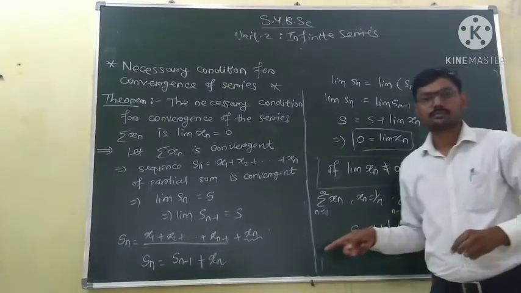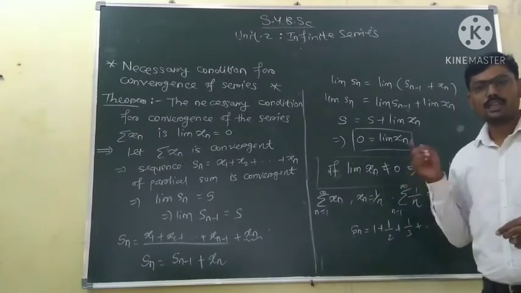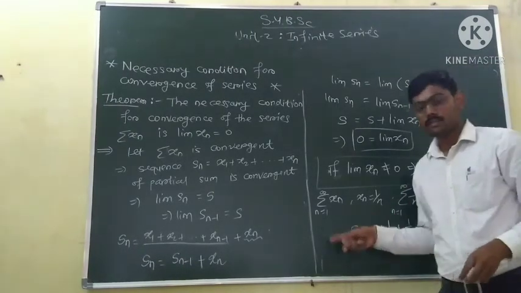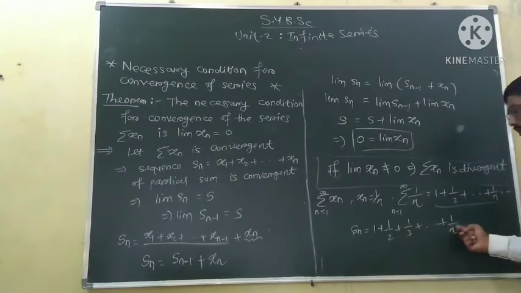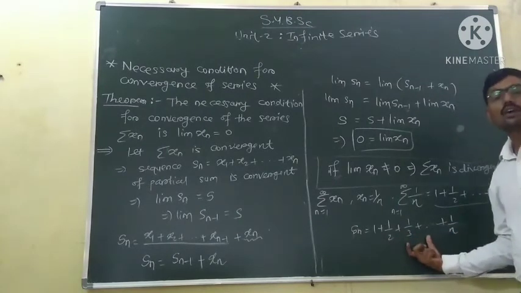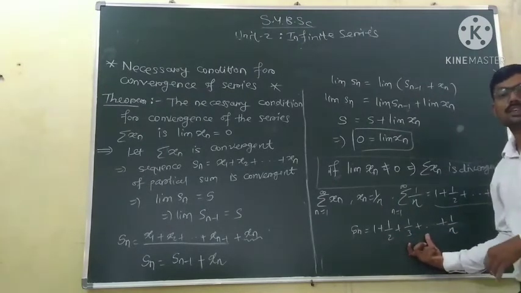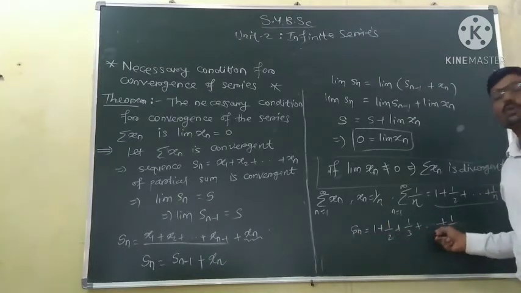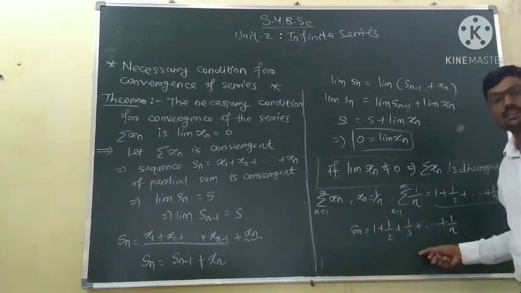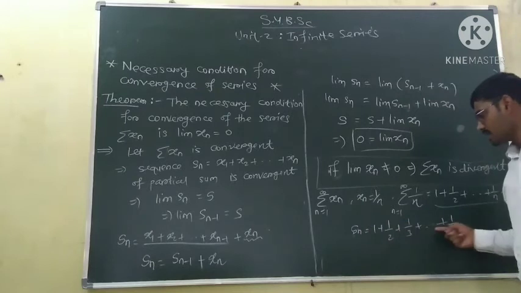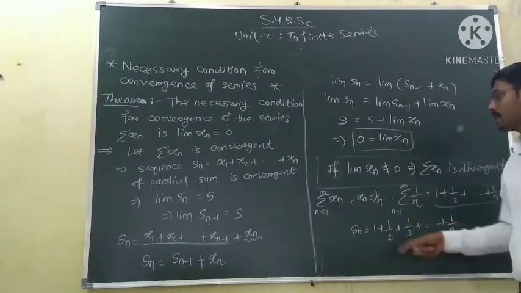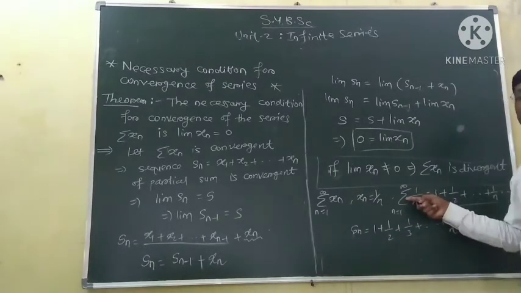We have seen in the unit on sequences that this is not a Cauchy sequence. This sequence is not convergent. So the sequence of partial sums is not convergent. This implies this series is not convergent.